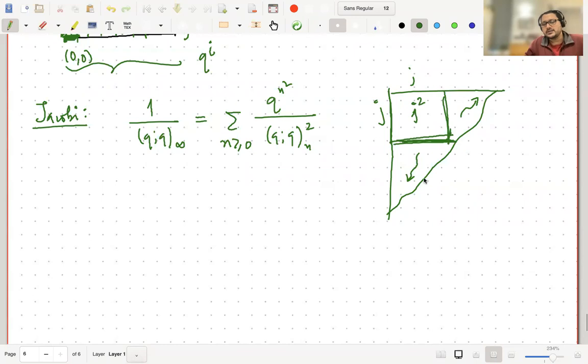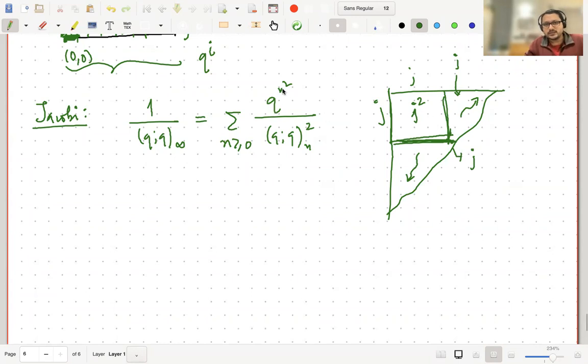But the condition is that the largest part of the partition which is below will be of size at most j, and the partition which is to the right will have at most j parts. So this whole partition we have broken up into three different parts.